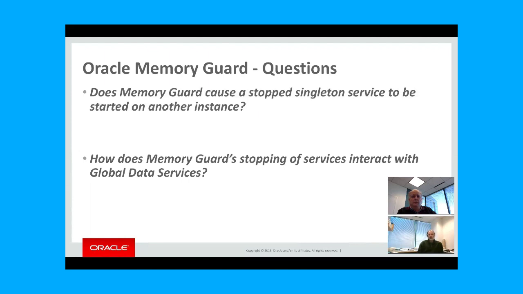the Global Data Services will essentially federate services across multiple databases in distributed network domains. So what will happen is it'll look like the service is serving fewer instances in a particular domain because one node has shut down the service that's part of the global data service.